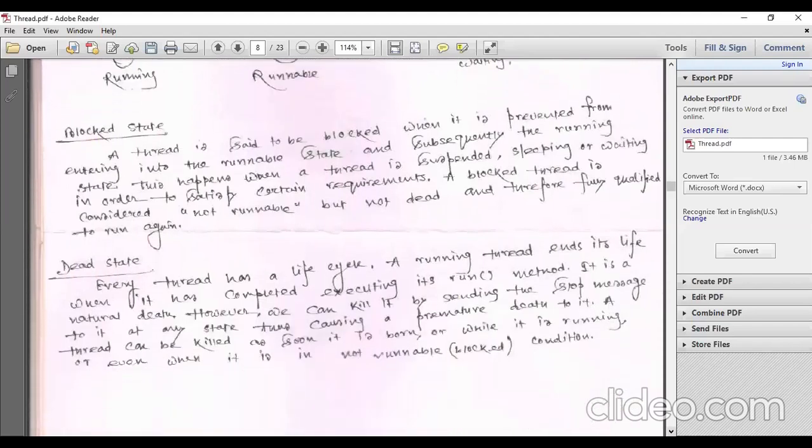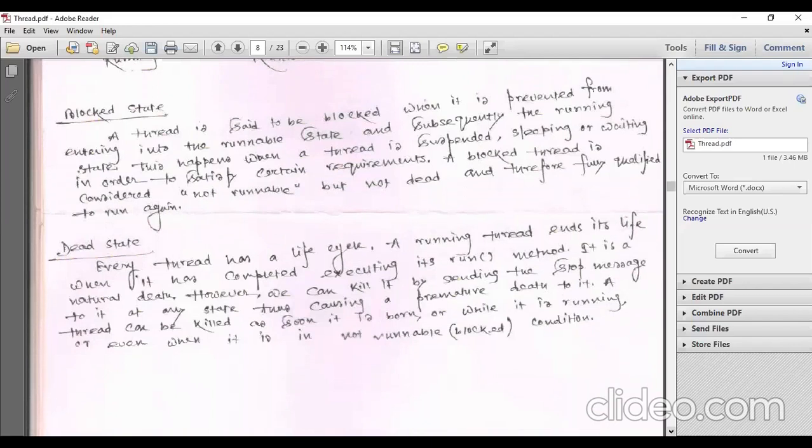Next part is the dead state. You may call the stop method, and I just mentioned from newborn state a thread can move to the dead state. From running or runnable state, a thread can move to the dead state. And from a blocked state also, a thread can move to the dead state.